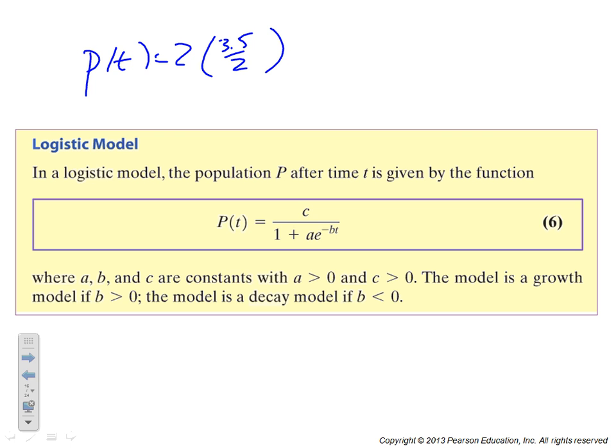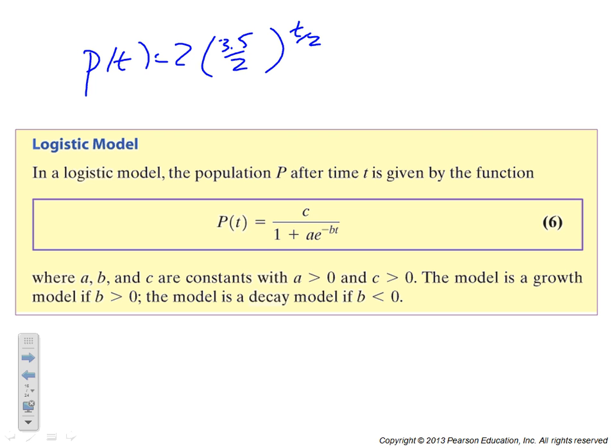And that took 2 months to happen, didn't it? So 3.5 over 2 to the t over 2 pounds. That's actually the formula for the dog's weight. And the question said, how much does it weigh after 6 months? That's a different version than how you did it, but it's the same formula. So we've got 2 times 3.5 divided by 2 raised to the t over 2.